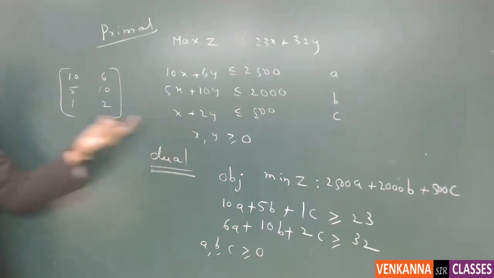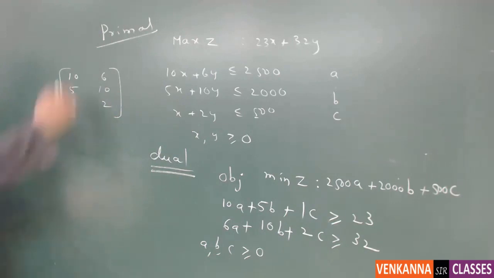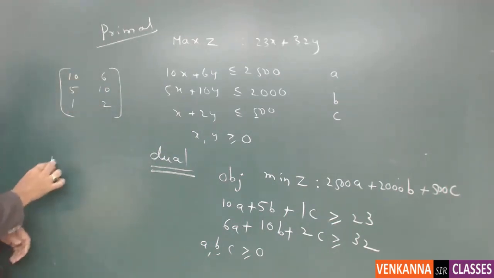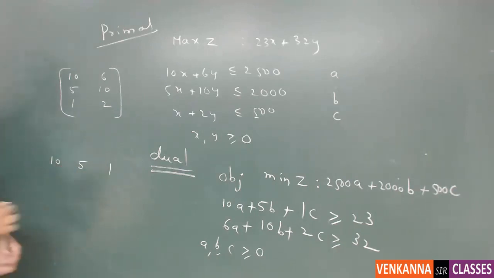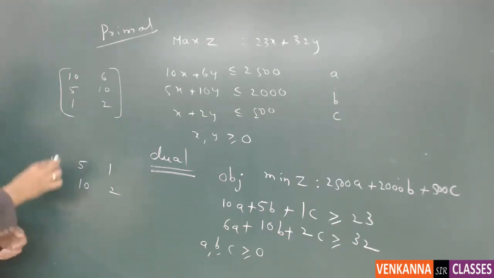So we are taking the transpose of this matrix. Row will come as column, column will come as row. So we will write like this: 10, 5, 1, then 6, 10, 2. You will write the values ABC.